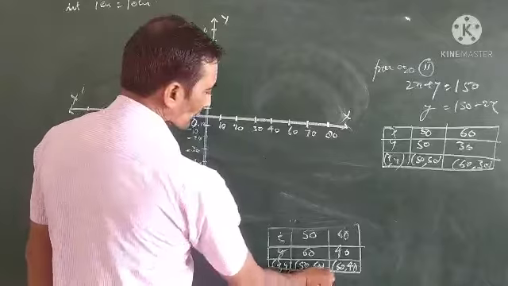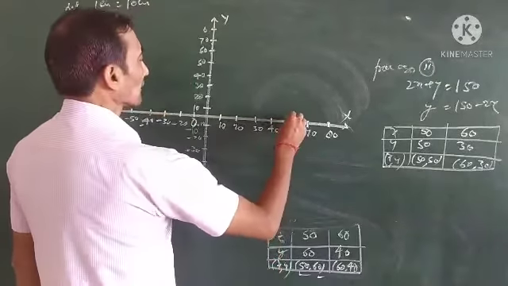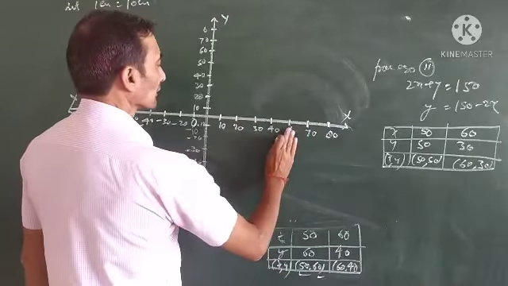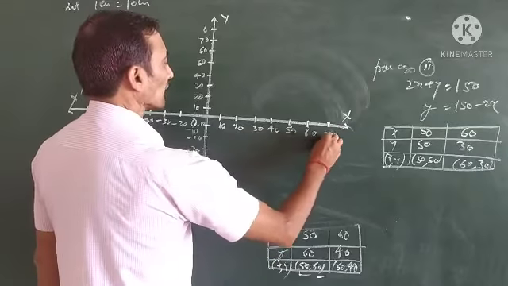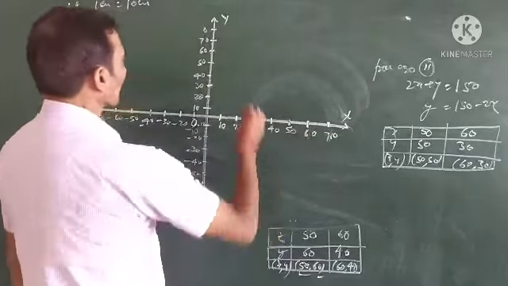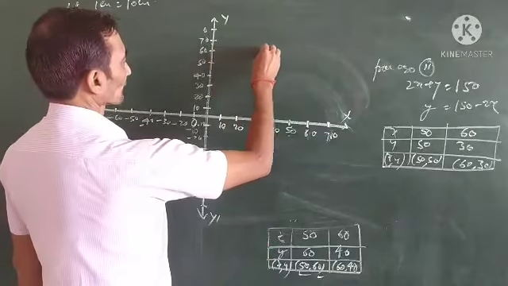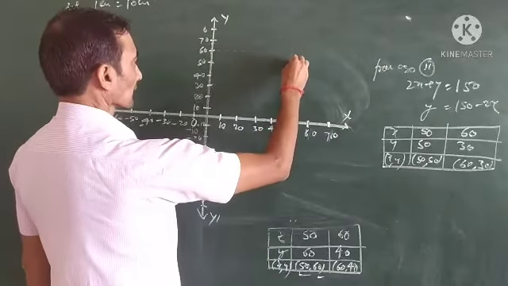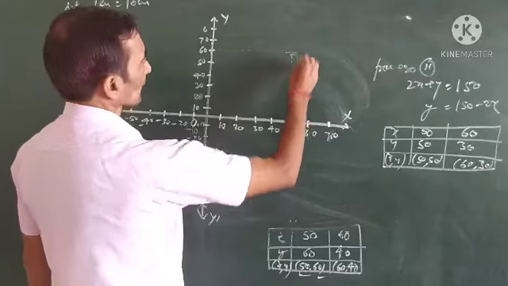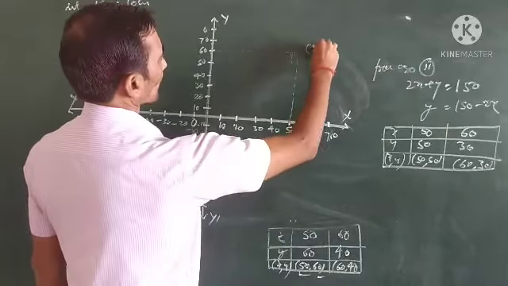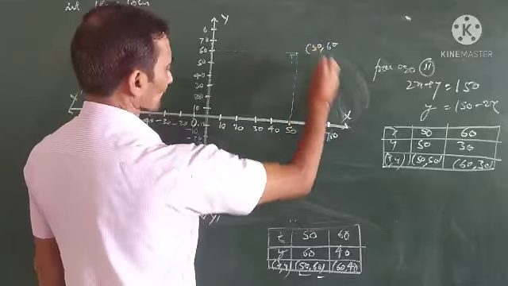Now the first point is 50 and 60. 50 is here and 60 is here. So suppose that the 50, 60 point is here.